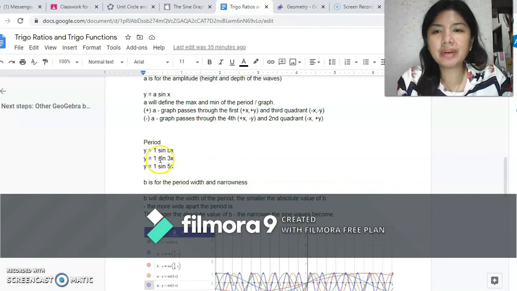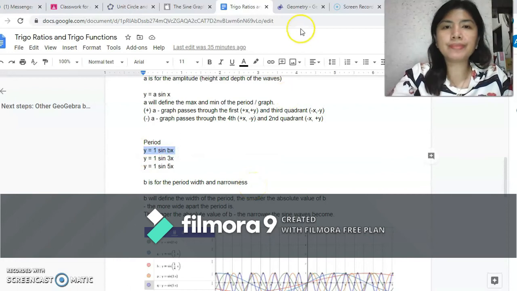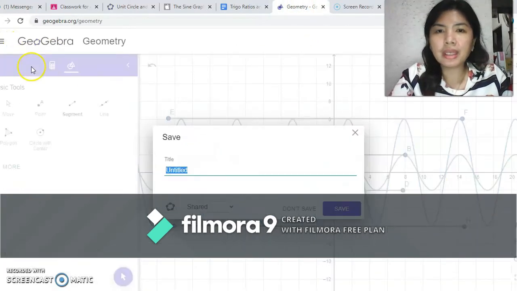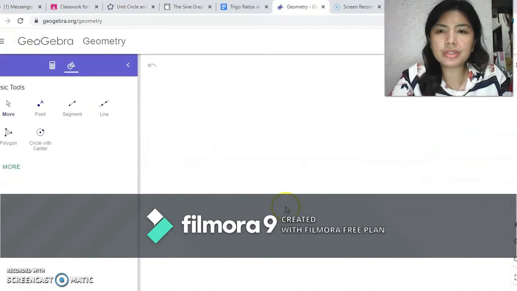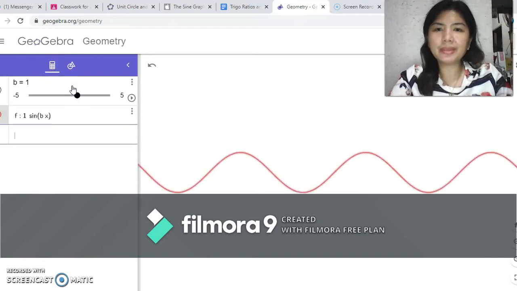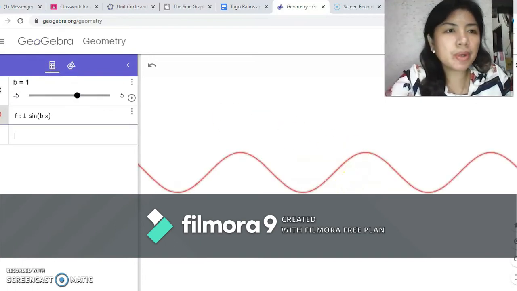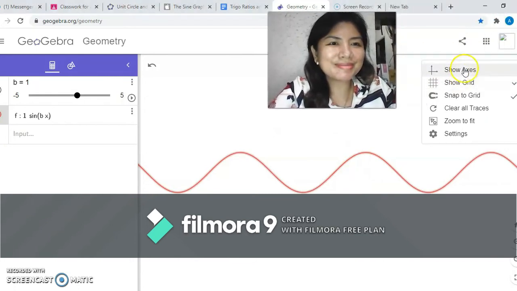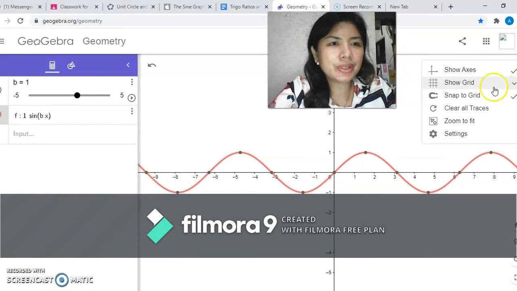I have here examples. That's a very beautiful ability of GeoGebra. There will be a slider. Again, I'm going to show axis and show the grid.